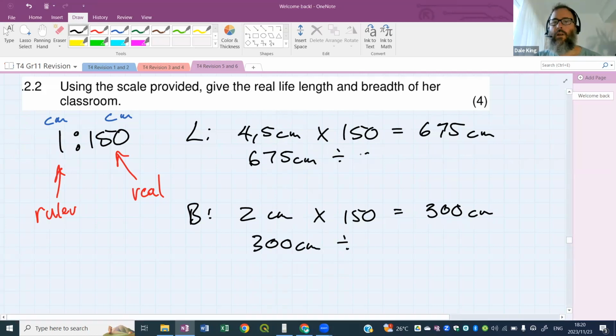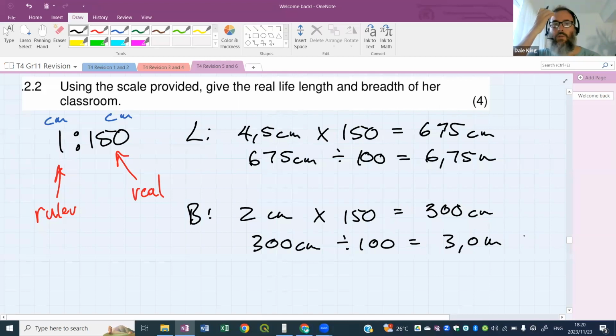So we're going to divide by 100 here, and we get 6,75 meters, and dividing by 300 by 100 we get 3 meters. So if they want meters, we can convert to meters. The classroom dimensions are usually in meters, so this is why we're trying it now. But the previous answer of 675 and 300 is perfectly acceptable. They didn't give instructions on what units to use, so that's fine.